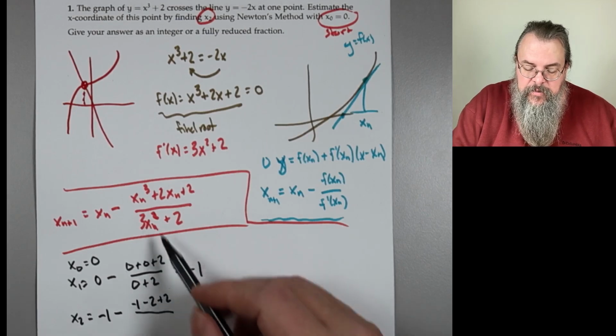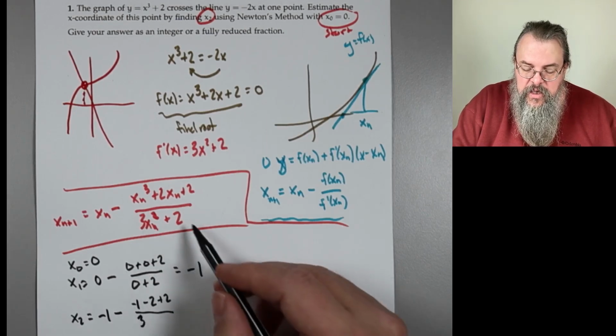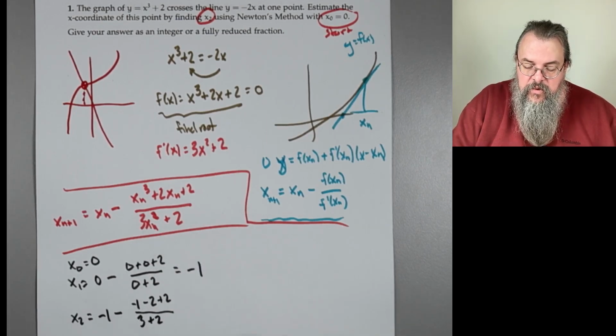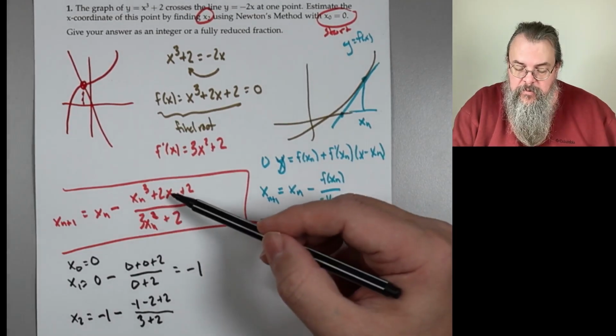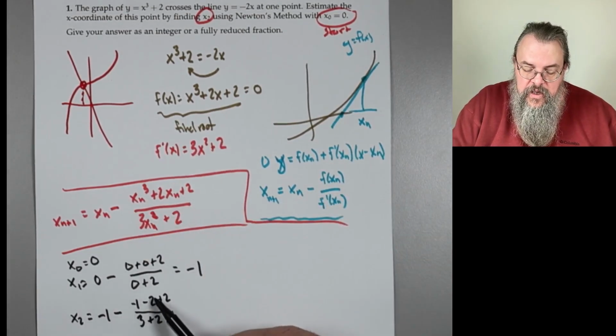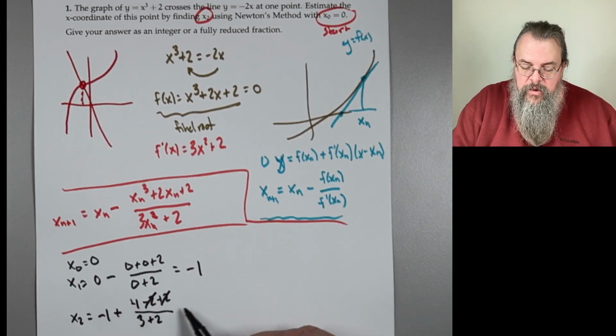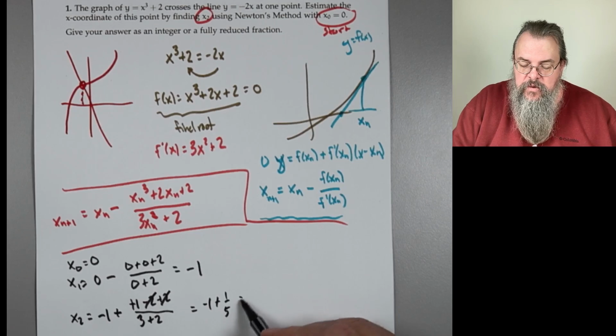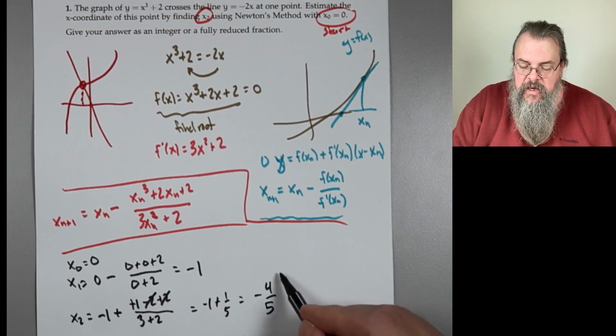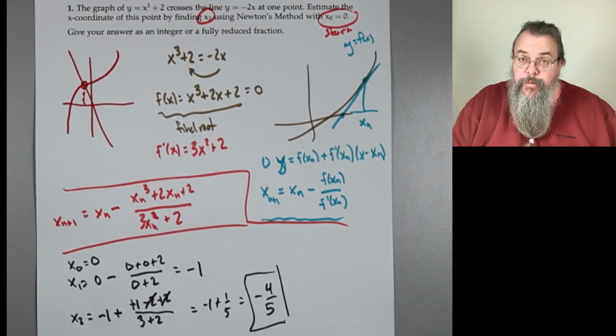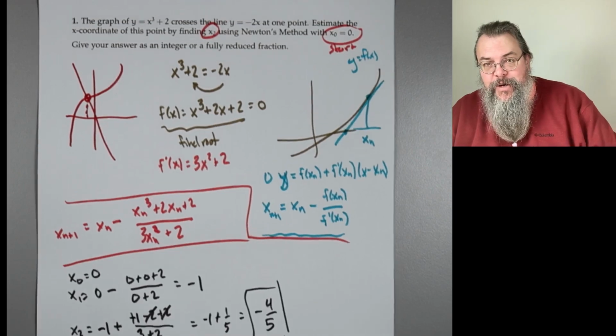Downstairs, 3 times minus 1 squared, 3, and then plus 2, right? Minus 1 cubed, minus 1, minus 2, plus 2. Good, good, good. And those cancel. Minus a minus makes a plus. So what do we really have? We have minus 1 plus 1/5, which is negative 4/5. That's our x2. Problem done. On to our next problem.